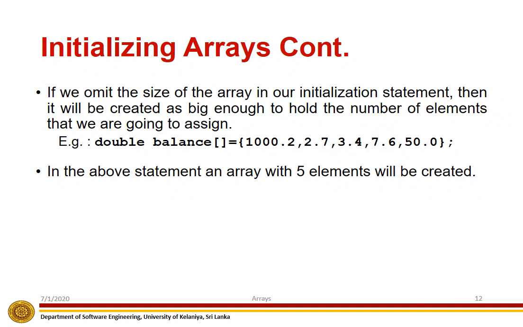But in the initialization I have given 5 values, so it automatically adjusts for the 5 elements. If we give 10 elements in the initialization, it will adjust for the 10 elements. Like that, if we give empty square brackets here, it will automatically adjust for the number of values.